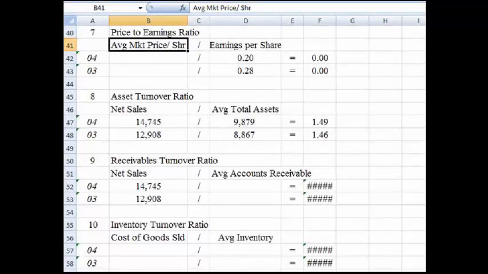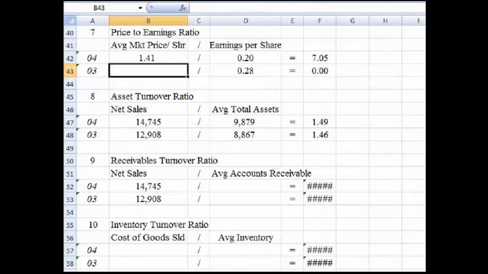The average market price per common share is not in thousands, and earnings per share is not in thousands, so we enter the average market price for 04 as $1.41 and for 03 as $1.83. Once again, the 7.05 and the 6.54 are only useful as compared to industry averages.